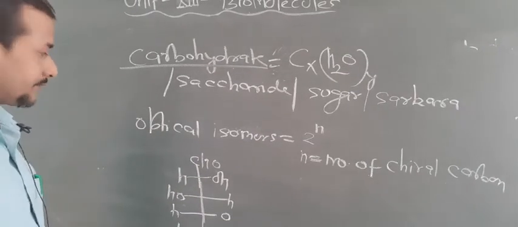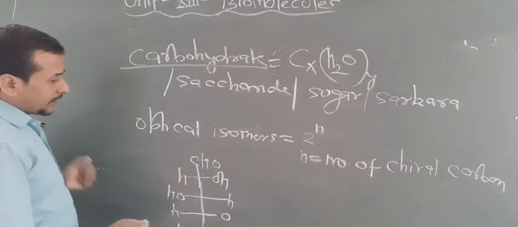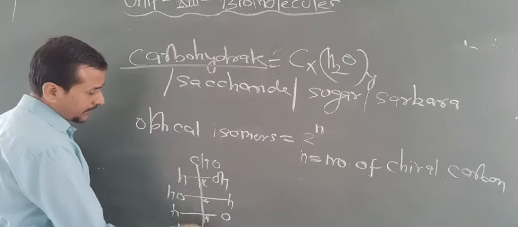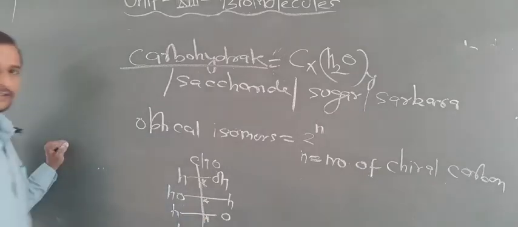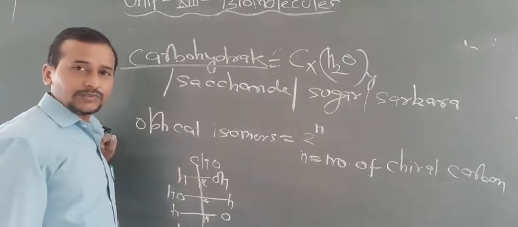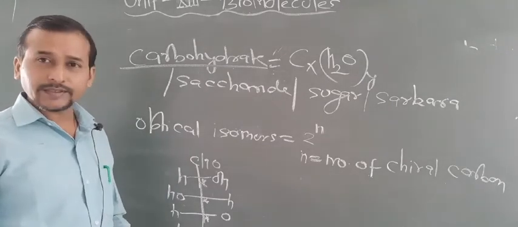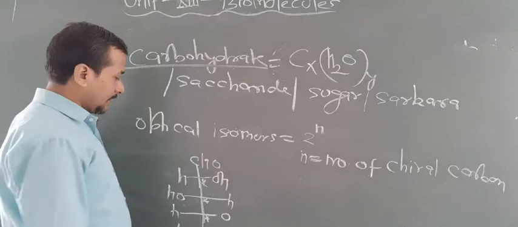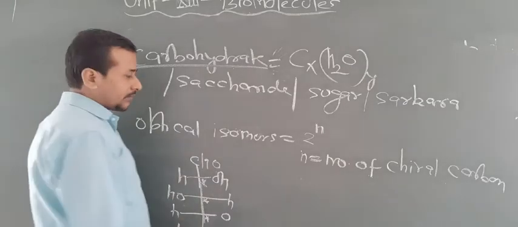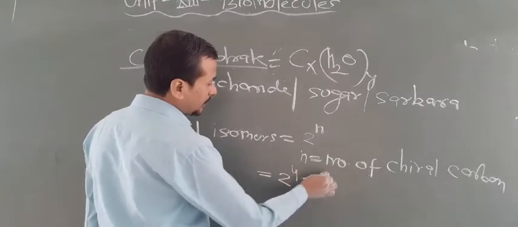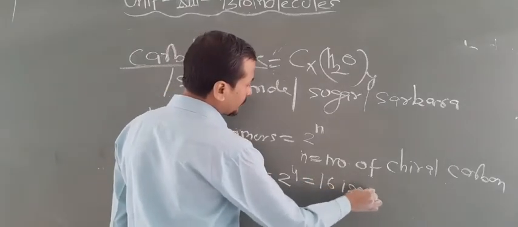Okay dear students, this glucose contains 4 chiral carbons. About chiral carbon I told you that a carbon containing 4 different groups of atoms is known as a chiral carbon. So the number of optical isomers is 2 to the power 4, that is 16 isomers.